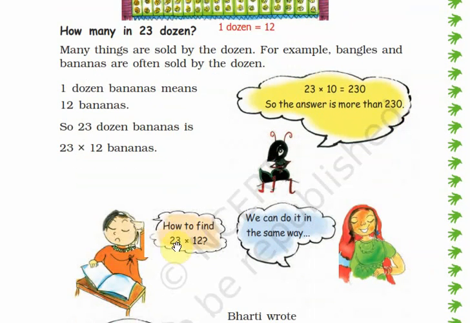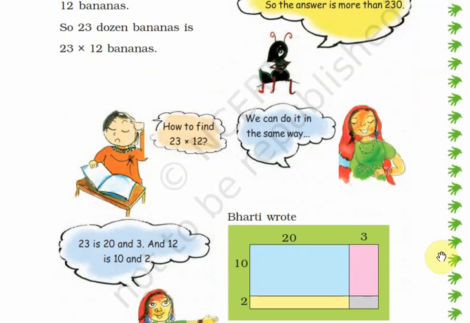So here, how to find 23 multiplied by 12? Bharati is saying we can do it in the same way. Earlier we had done 2 digit into 1 digit. In the same way we can find the answer of 23 multiplied by 12, that is 2 digit with 2 digit. So Bharati wrote 23 is 20 and 3 and 12 is 10 and 2.